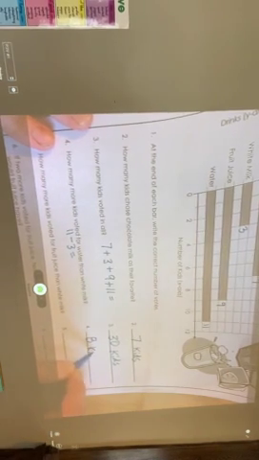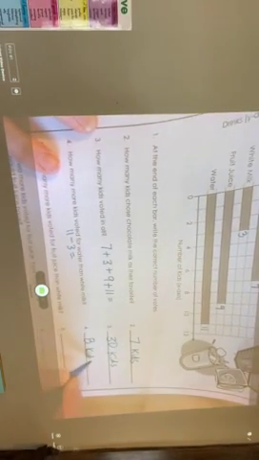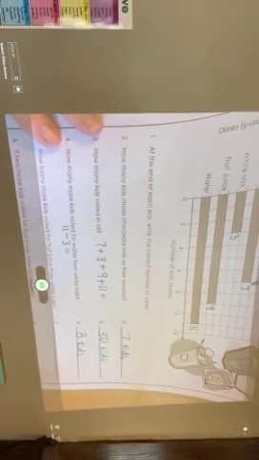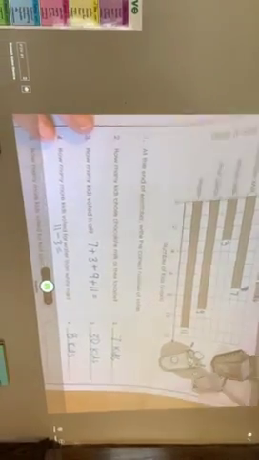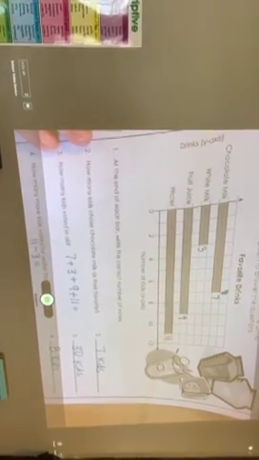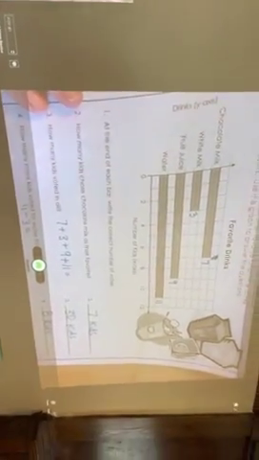So 8 more kids voted for water than white milk. What happens for a lot of these when we're analyzing bar graph data is that you're going to have to answer questions based on comparing some of the data.